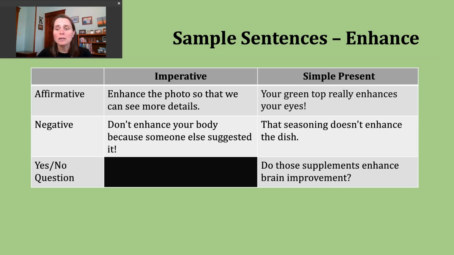Do those supplements enhance brain improvement? So there are many different kinds of vitamins or different pills that people think like, this is going to prevent me from forgetting things, or this is going to make my memory stronger and better, right? So here someone's asking this question, does it improve kind of the quality?